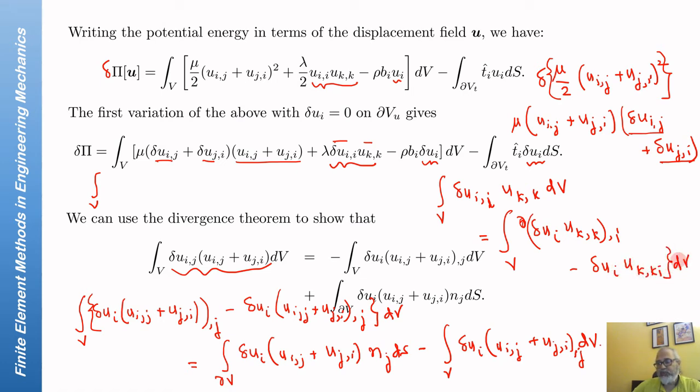So this is how you can write this term, and then applying the divergence theorem here, this converts to a surface integral, and that surface integral would be del ui uk,k ni ds, and this volume integral will remain.